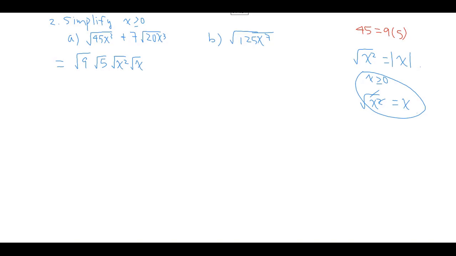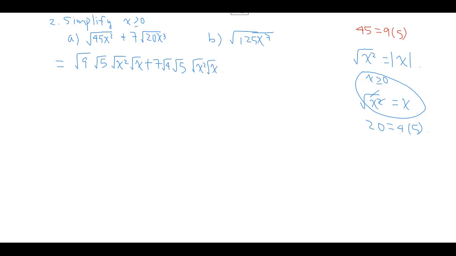And then very similarly, 20, you have 4 times 5. So 4 is a perfect square. So you have 7 times the square root of 4 times the square root of 5. Then x to the third, that is x squared times x, right?